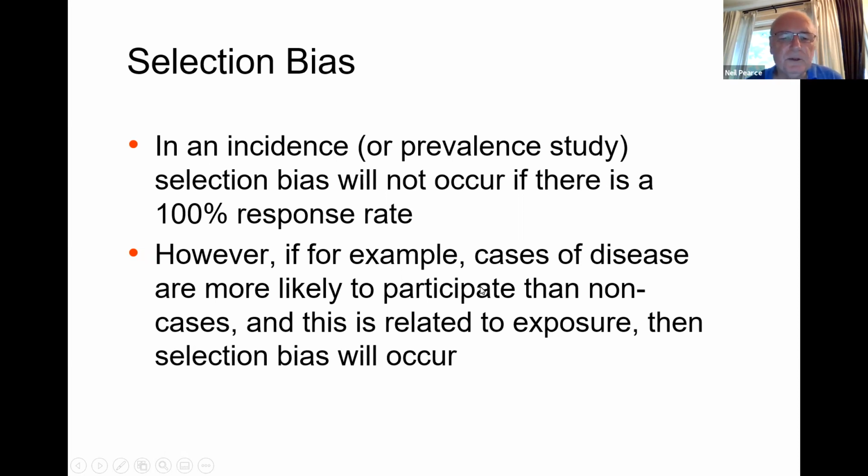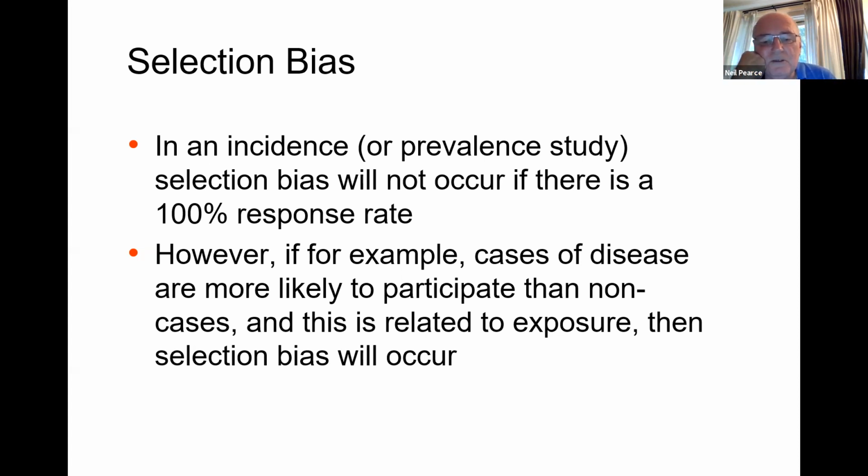However, what you often find is that you don't have 100% response rate, and some people are more likely to participate than others. For example, I do a lot of asthma prevalence surveys, and it often happens that people who have asthma are keen to participate in the study, and people who don't have asthma don't have the same motivation.